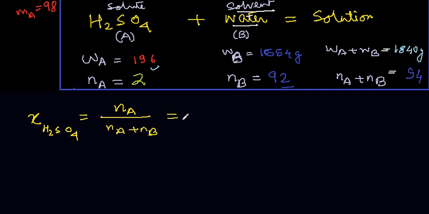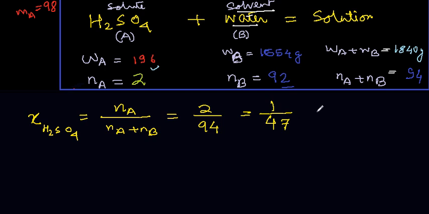The number of moles of the sulfuric acid that we have is 2, and the total is 94. So that is 1 over 47. That is the mole fraction of sulfuric acid that we have.